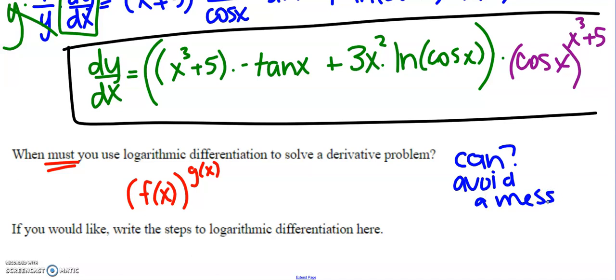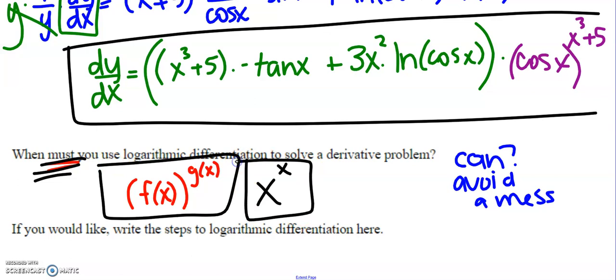You can use it like on those first examples of expanding out with properties of logs so that your derivative becomes nicer. But it's when you have some sort of a variable to another variable that you have to use logarithmic differentiation. It's the only way that you can get that function out of the exponent down in front so that you can use the product rule.